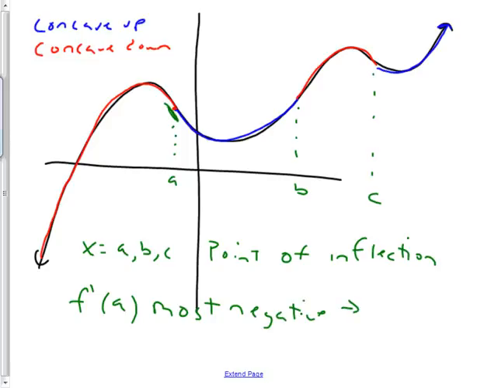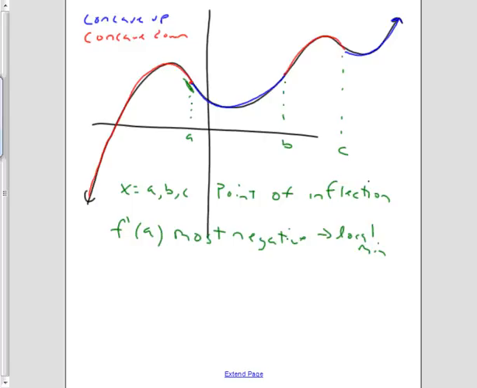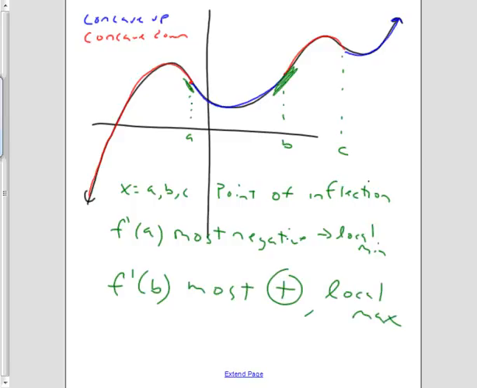We're going to have a local minimum value. And then our derivative at B, that's where we're the steepest. So f prime of B is the most positive. So we're going to have a local max. And at C, our derivative is going to be the most negative there, the steepest going down. So we're going to have a local min.